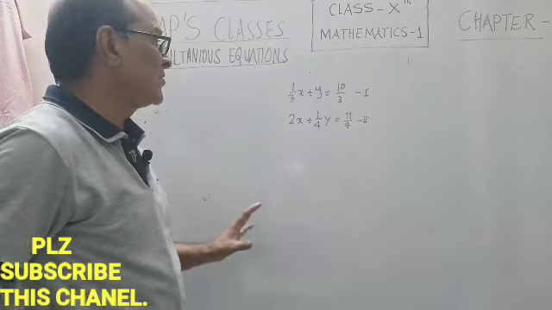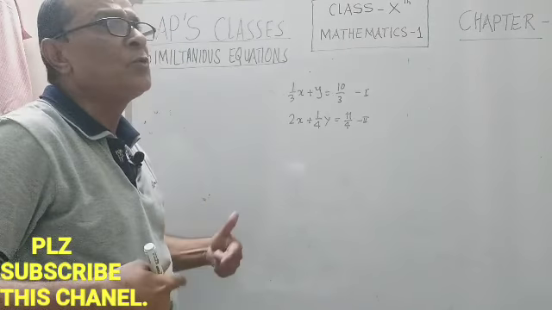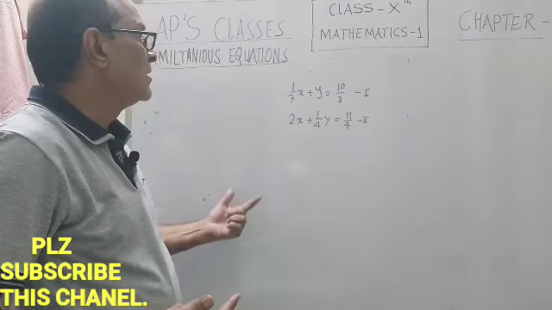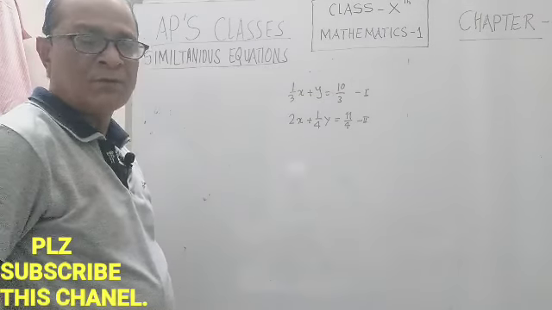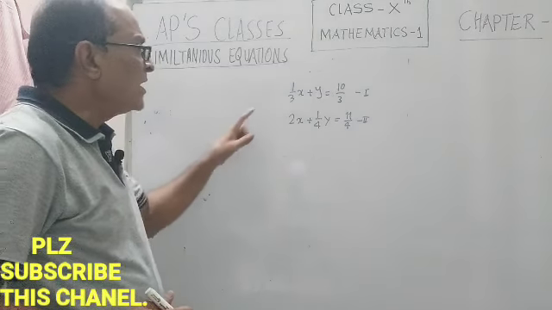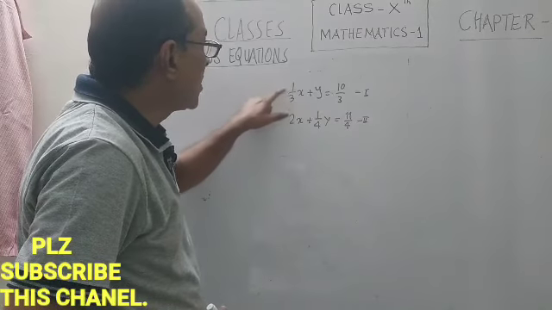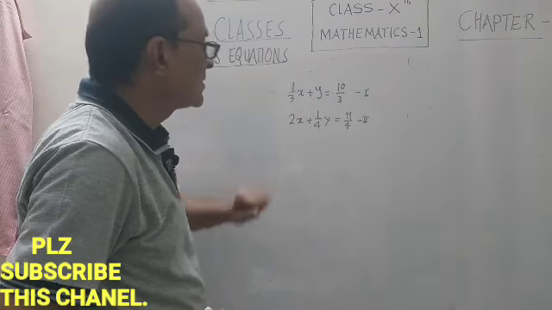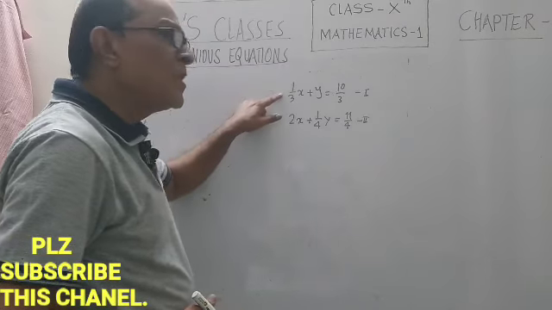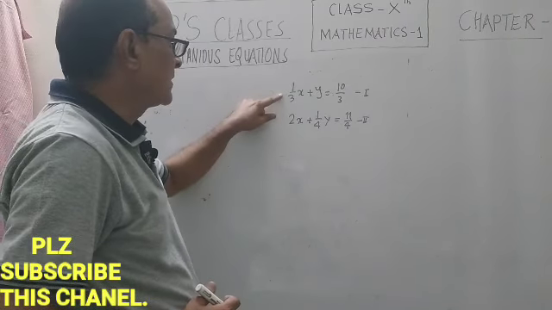Don't get confused with this one. It's a very simple idea. You just need to change the format. When you find it difficult to tackle these small figures, then you convert them into whole numbers. How?